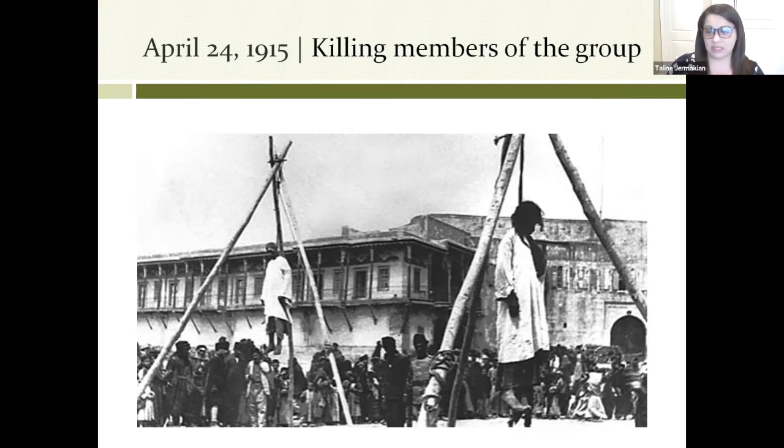You ask your students, why would they take this step? How could it harm the people of these villages by first gathering the men and all the intellectuals? How does that fit into the term genocide?